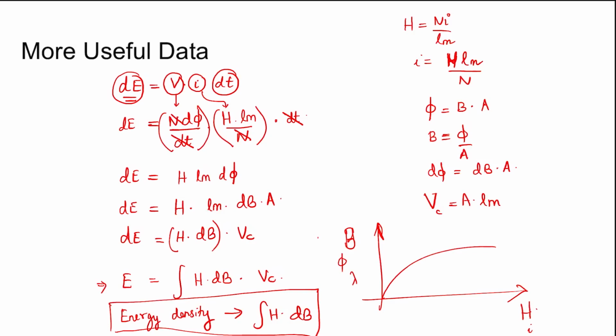So now you see, in this curve, if we can get this area from the limit specified, then this total area will give us the energy density, that is integral H dB. So this area, integral H dB, gives us the energy density, that is per unit volume.